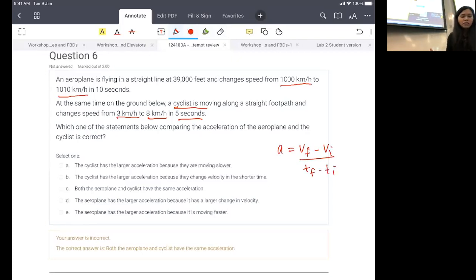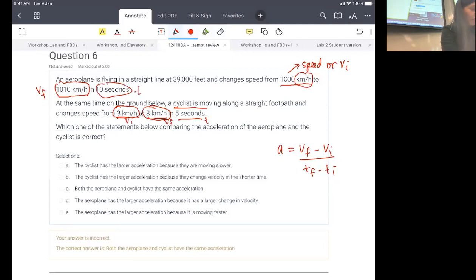We're given the final and initial speeds. Kilometers per hour is a unit of speed. So this one is VI, and this one will be VF. Here also VI, VF, and we're given the time.